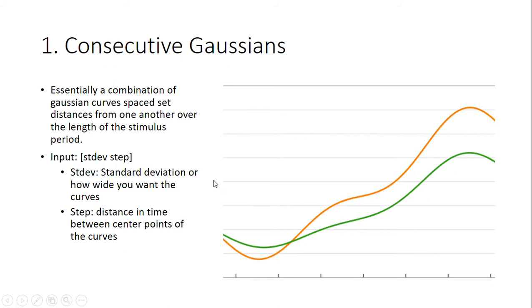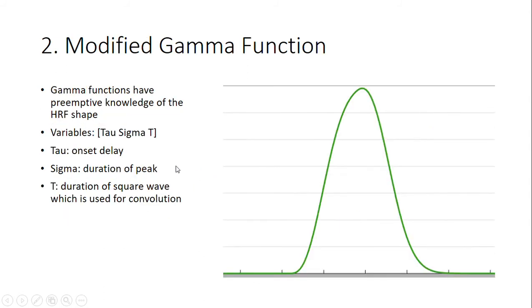A modified gamma function uses essentially knowledge of what the curve should be. So if you're doing a very well-versed experiment, a blocked experiment where you have a certain amount of rest followed by a certain stimulus, and you know the expected response. So I'll show you the variables here: tau, sigma, and t.